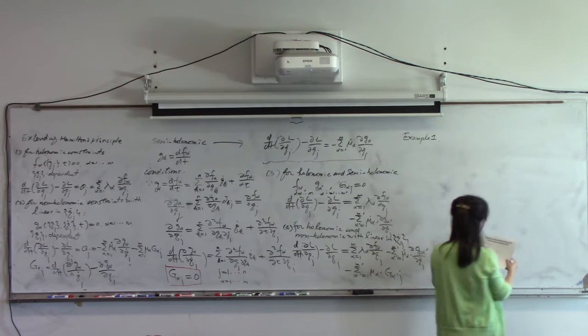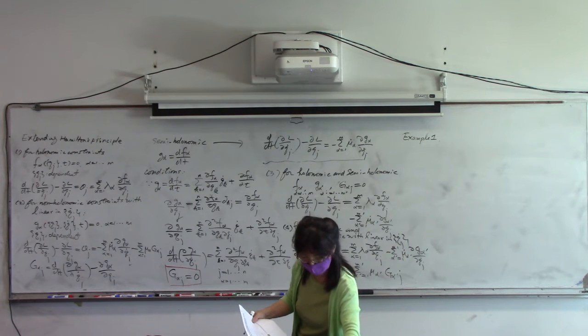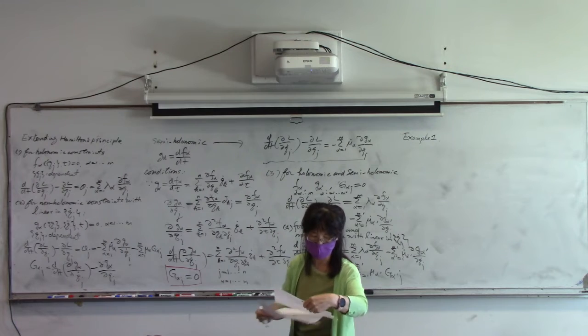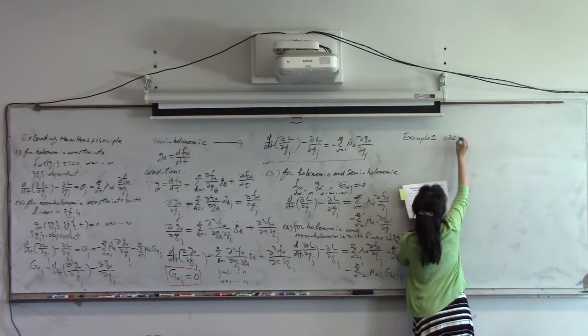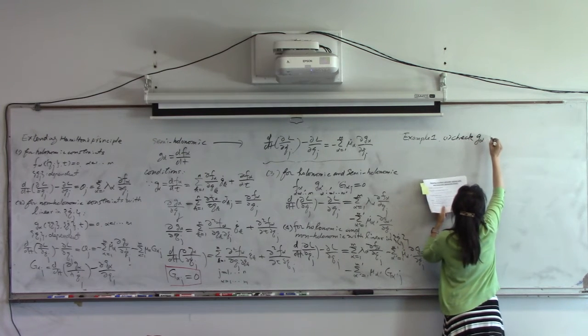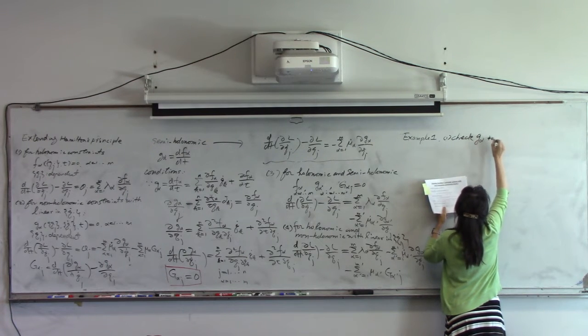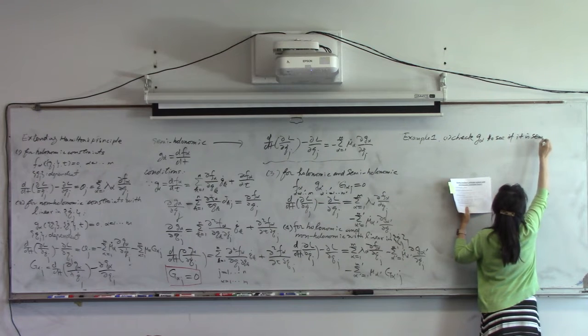So, okay, first check G alpha, to see if it is semi-holonomic.